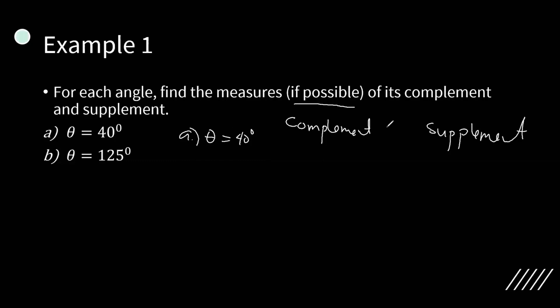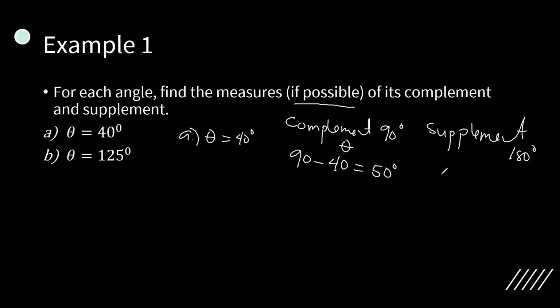The complement, the sum must be equal to 90, and the supplement, the sum must be equal to 180 degrees. So we have here 90 minus 40, this is our theta, is equal now to 50. So the complement of 40 is 50 degrees.